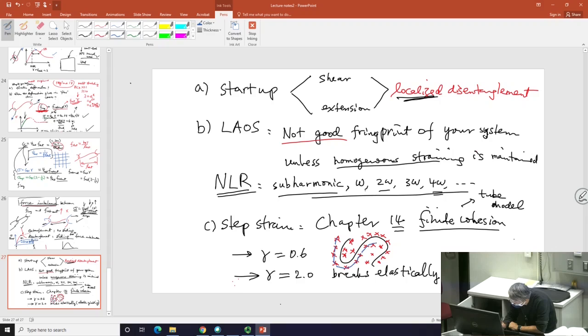So this is one wall of the tube. This is the other wall of that tube. Okay? Not only do we typically draw a tube very straight, not so wavy as I draw here, but also very smooth, very much unlike a Gaussian chain.